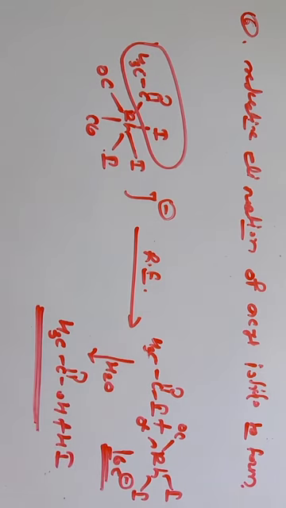So this is all about the Monsanto acetic acid synthesis. It is very simple. You just remember the conversion, that is carbonylation of methanol in the presence of a rhodium catalyst and formation of acetic acid. The first step is formation of the rhodium complex by the reaction of rhodium trihalide with carbonyl and iodide.